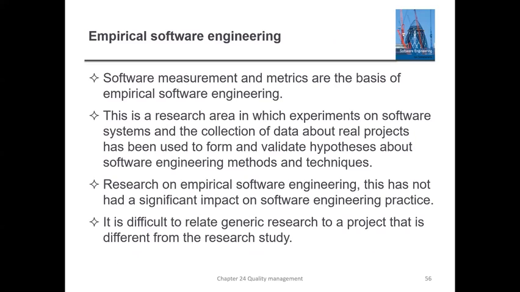We have to experiment on our software system, collecting data from real-world projects if possible, which would be very nice. And we have to decide how we are going to maintain it, how we are going to validate it, and how we are going to apply hypothesis formulas to find the exact assumptions we have made, to get the exact outputs from the sampling values.